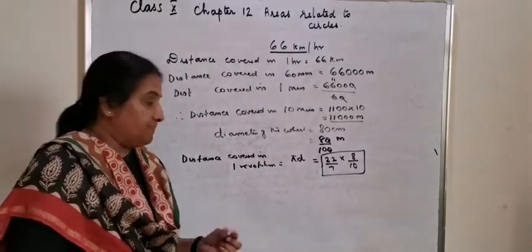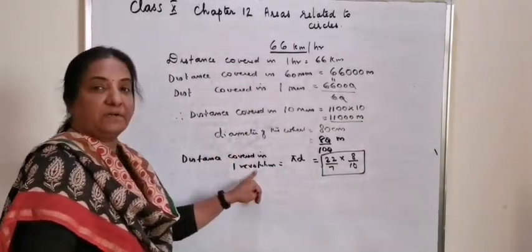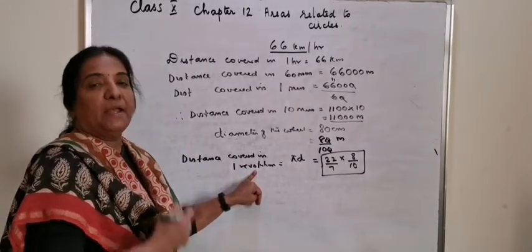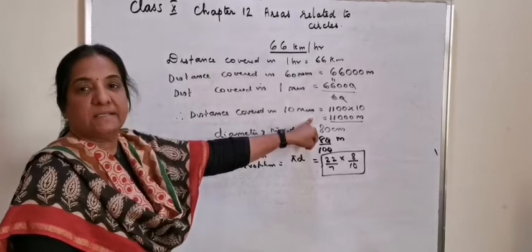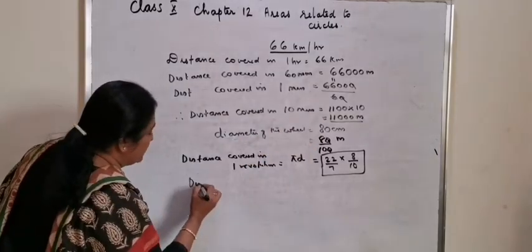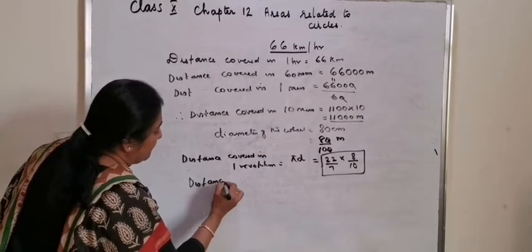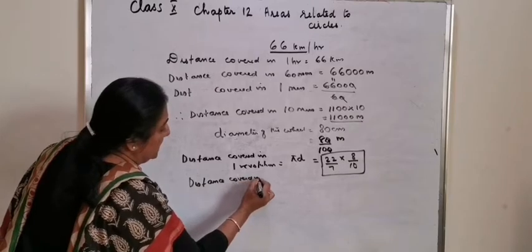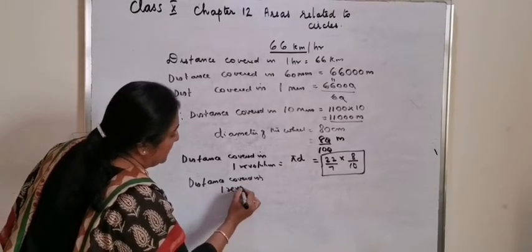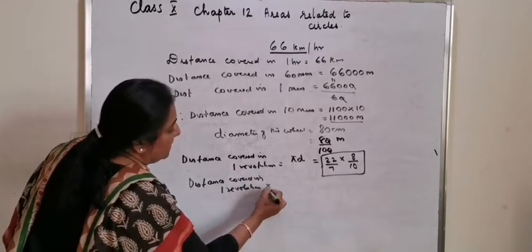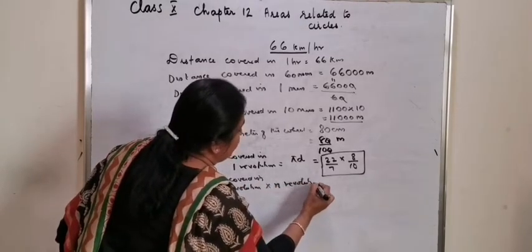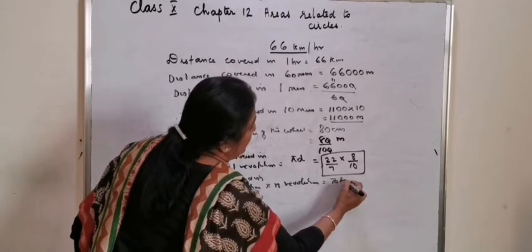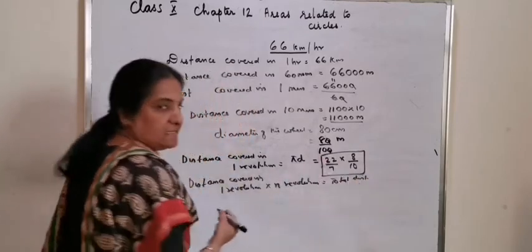The concept is distance covered in one revolution into n revolutions is giving you the total distance covered. So distance covered in one revolution multiplied by n revolutions is equal to the total distance.